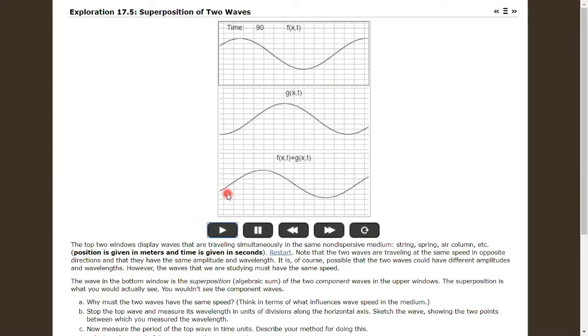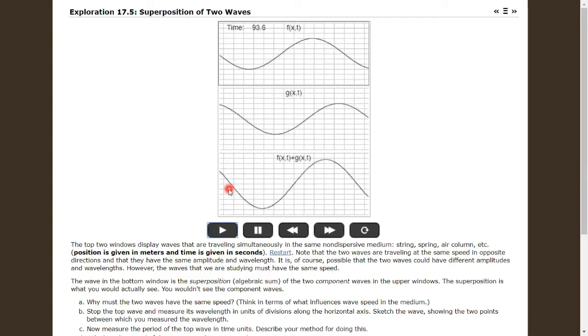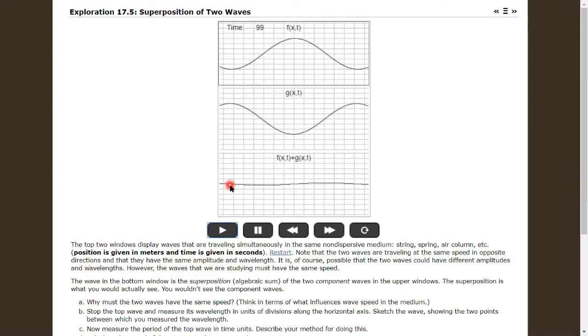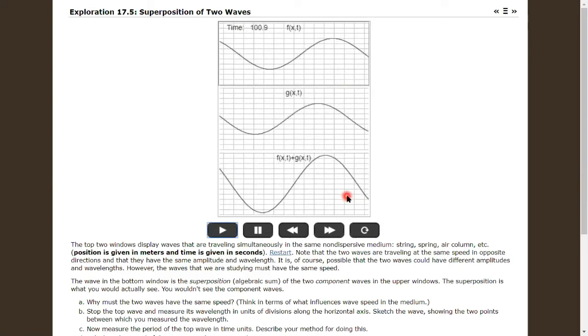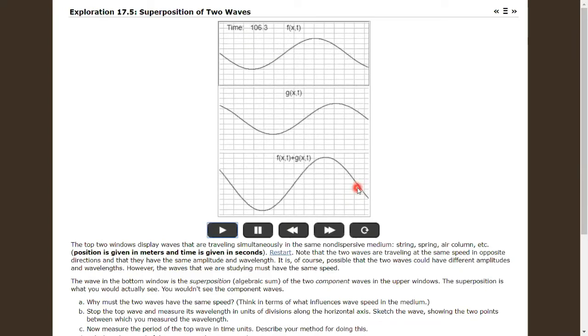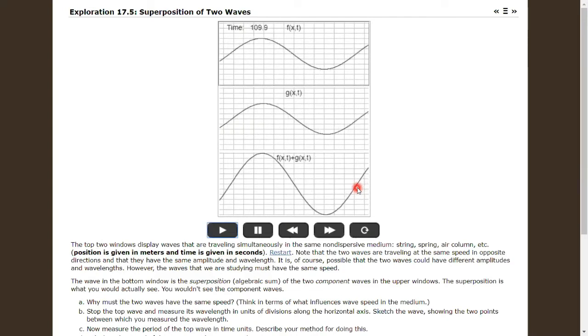Similarly, if you will see this point is also not moving, or the displacement of this point is minimum. So it is also called as node. Similarly, look at this point. This point is not moving at all, or it has minimum displacement. So it is also called as node.